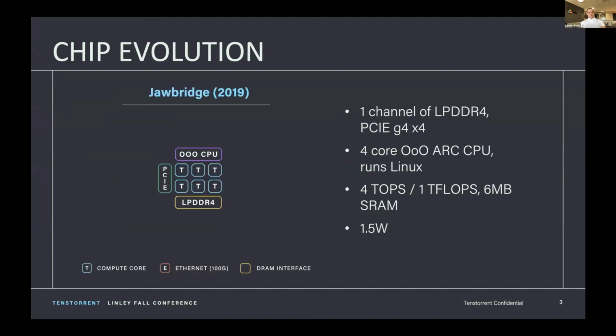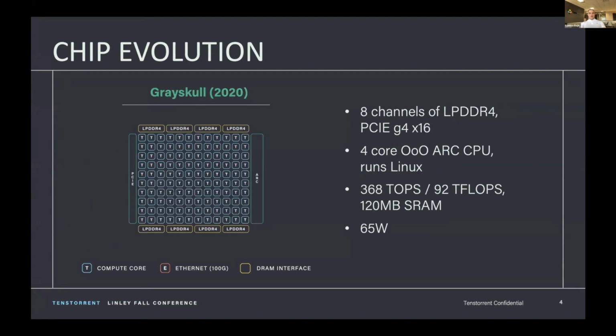So over the years, we've worked on 3 chips thus far. Our first was Drawbridge, an edge-oriented low-power processor, which was taped out as a test chip a couple of years back. Our second and currently most active development chip is Grayskull.